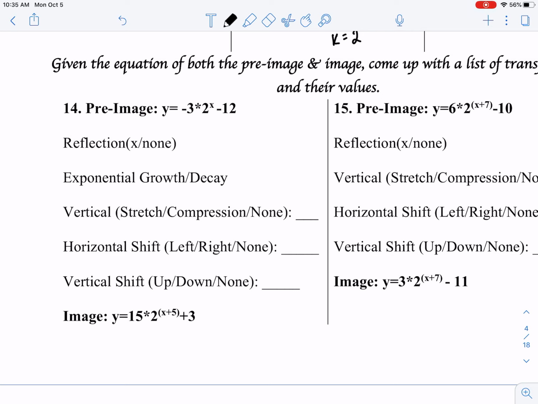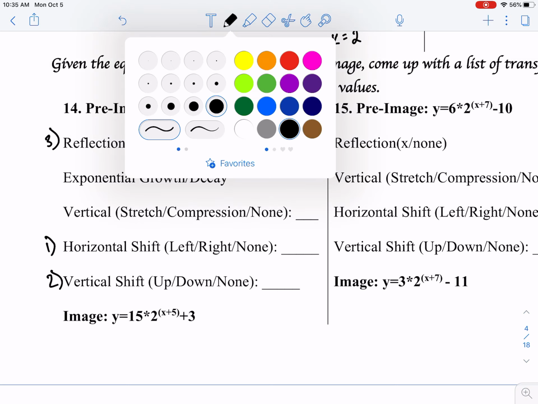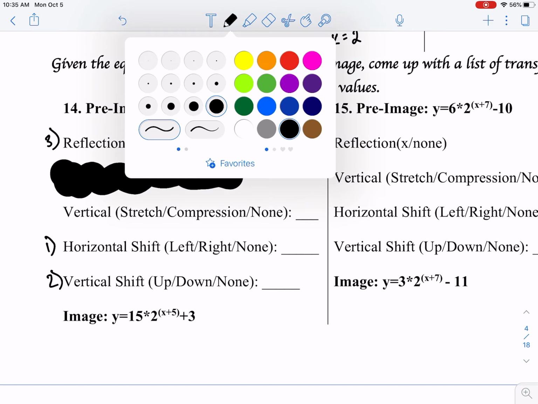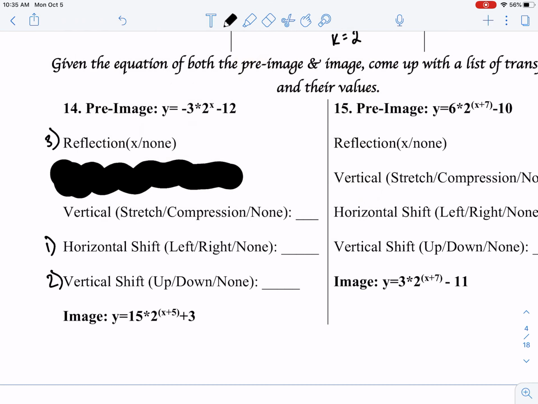Okay, so again, I always start with my shifts, then my reflections. Again, we're still not worried about the growth or decay part. And last but not least, stretches.